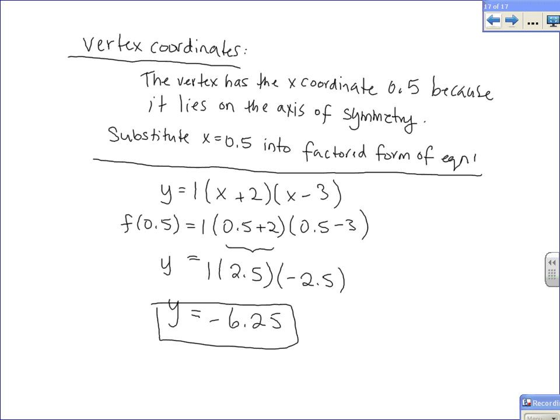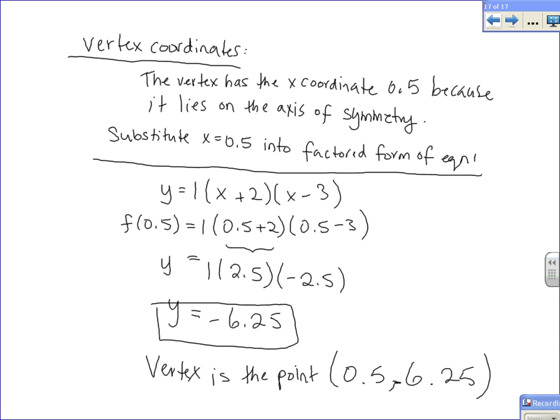Okay, that is the y coordinate of my vertex. So my vertex is the point where x is 0.5 and the y coordinate of the vertex is negative 6.25.